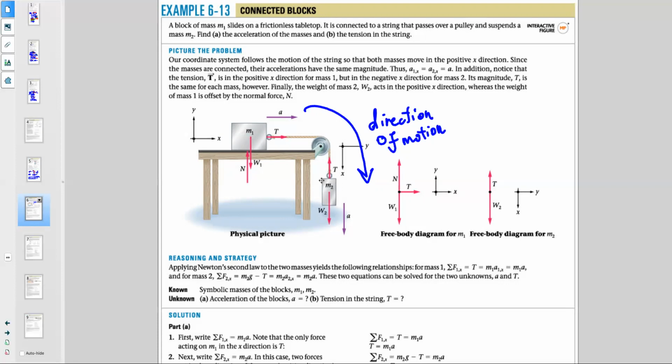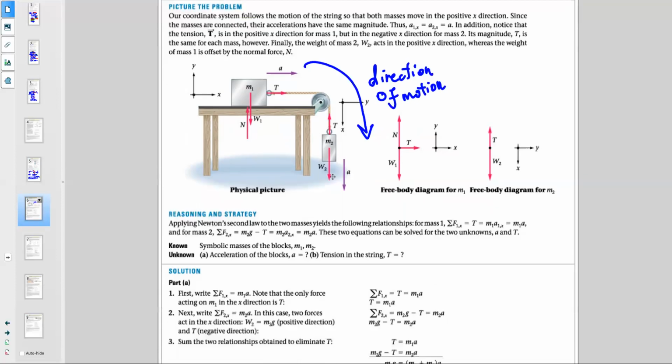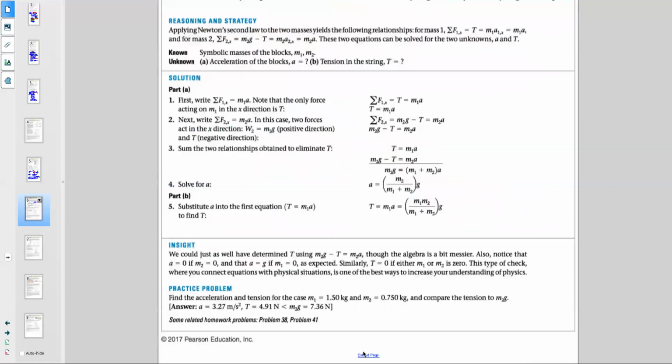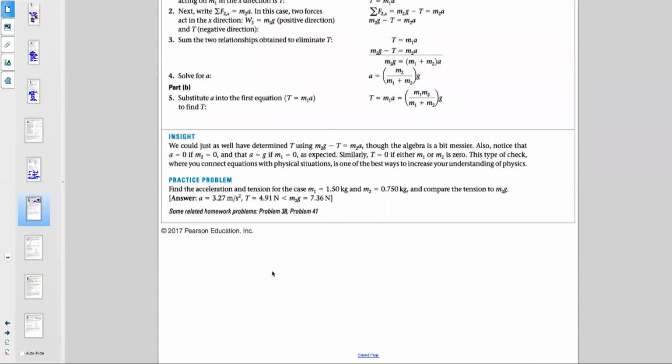This is not on any type of surface, so there's no normal force here. We are looking for the acceleration of the masses and the tension of the string. So what I have here is sigma F equals MA, sigma F along the x and y direction.